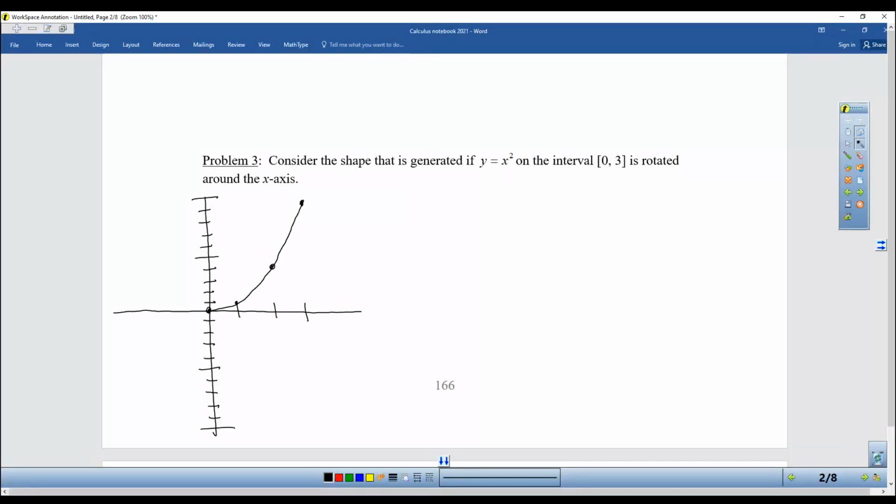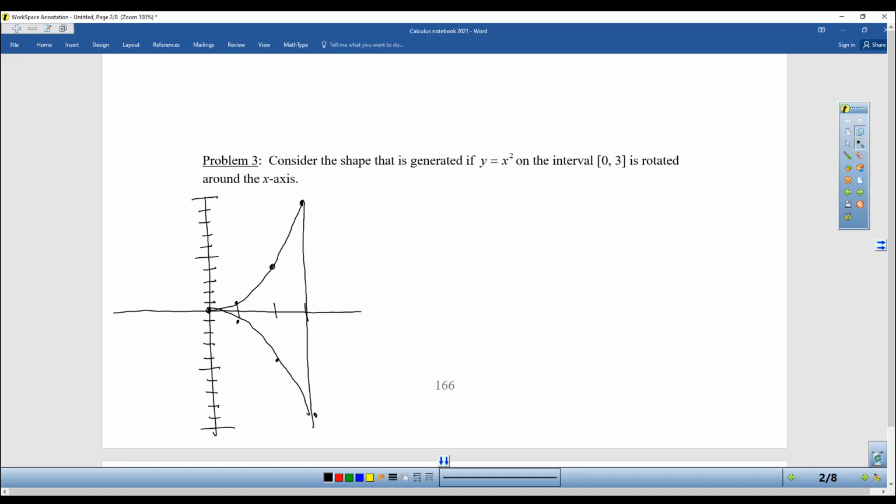There's my parabola. I'm going to rotate this around the x-axis. So now I'm going to have points at 1, negative 1, 2, negative 4, and 3, negative 9. So my question to you is, and I'm going to stop at 3, what shape does that make?